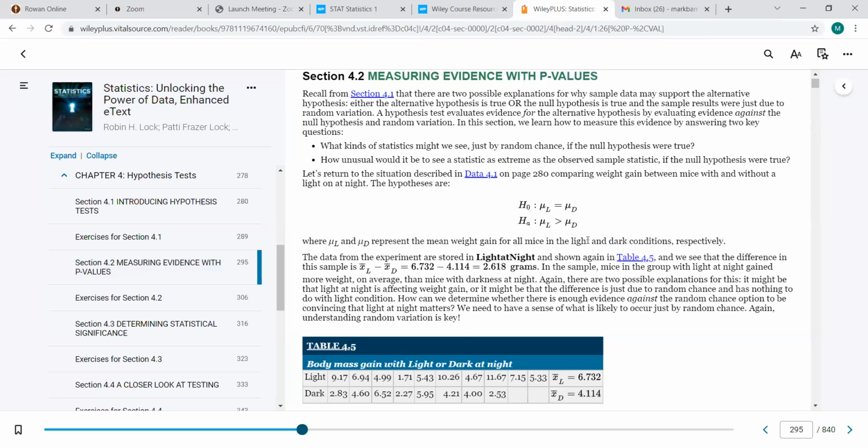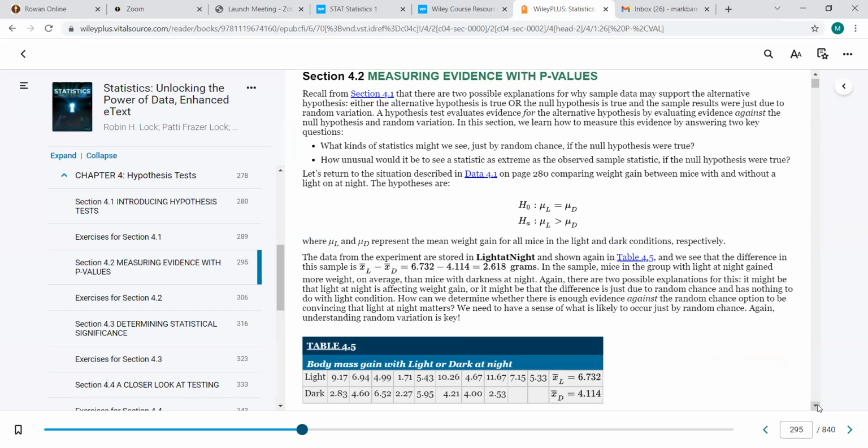They want to see if there's any adverse effect of having the light on at night, and they're measuring it by looking at the gain in body mass, the gain in weight of the mice. They're proposing in the alternative hypothesis that the mean gain in weight of the mice is bigger for the group that gets the light at night versus the group that's getting regular dark conditions. Okay.